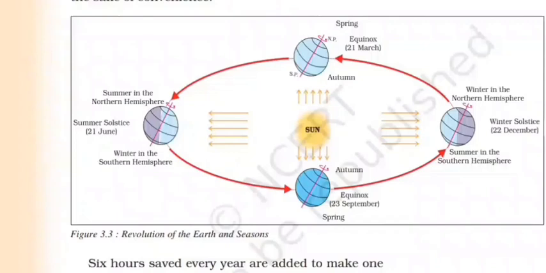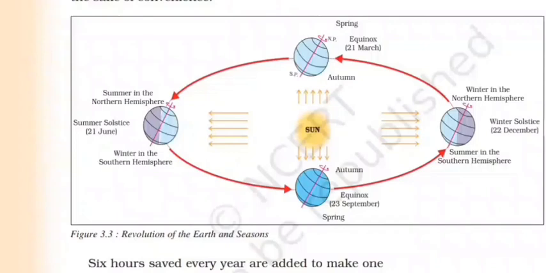In the topmost position, that is basically the autumn position, and on the left hand side you would see winter, on the bottom side it would be autumn, and on the right hand side it would be the summer position.